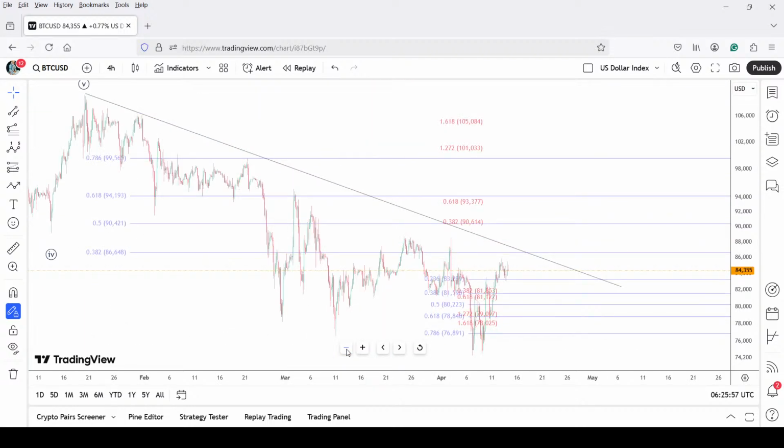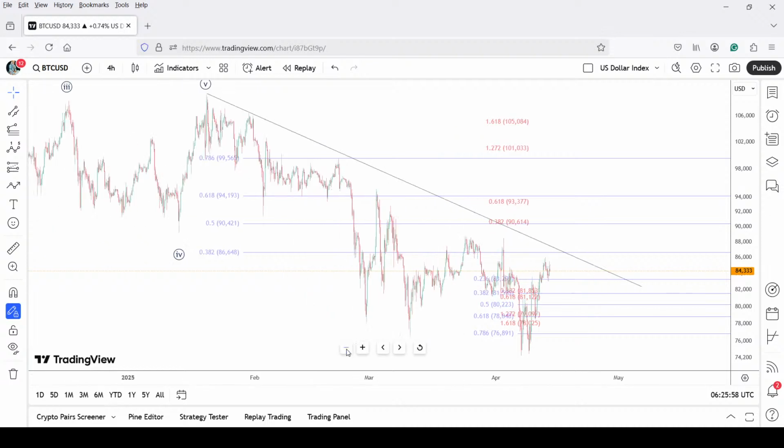Remotely, things are quite possible for a new high if that particular impulse wave was a part of an expanded flat structure. But otherwise, it's quite possible that Bitcoin has completed the first impulse lower and is now unfolding three waves higher.